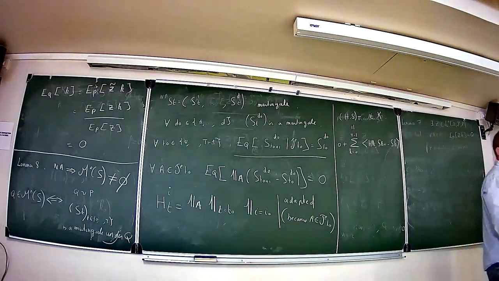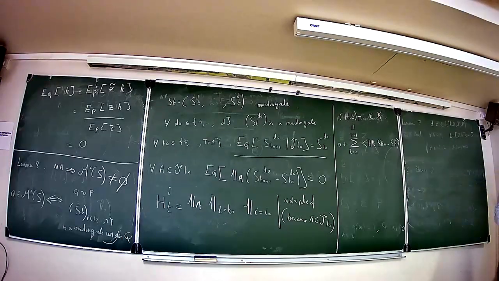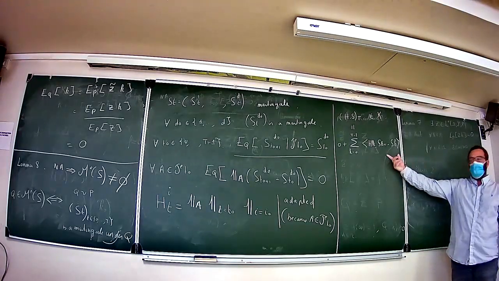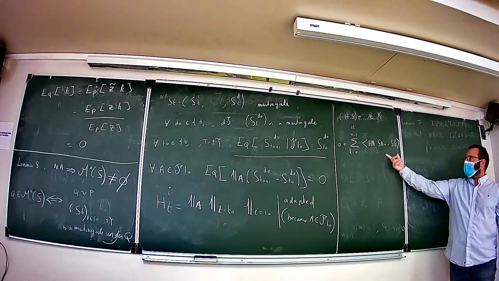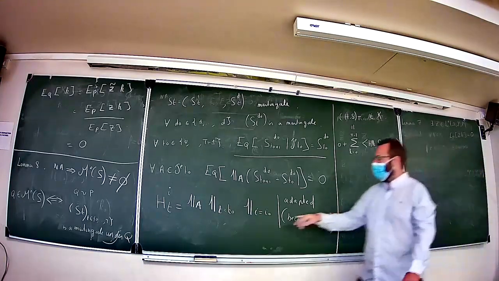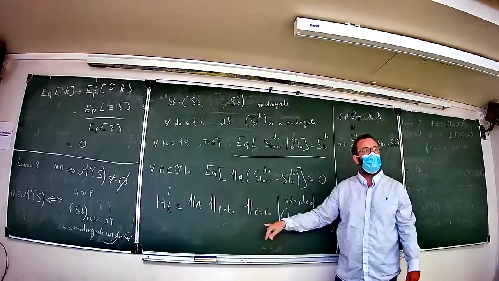But what is my h? Here I have a scalar product, but a scalar product where only one component is not 0.